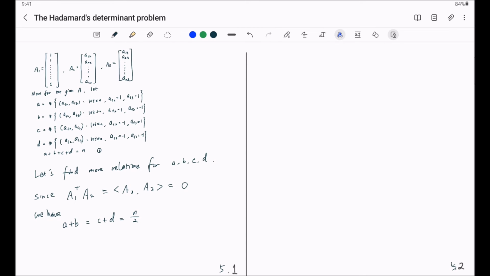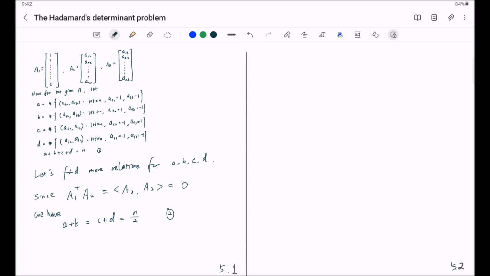Because here A plus B counts the number of Ai2s that are equal to 1, and C plus D counts the total number of Ai2s that are equal to -1. In order to make this inner product 0, they both have to be equal to half of n. Let us denote this by equation number 2.